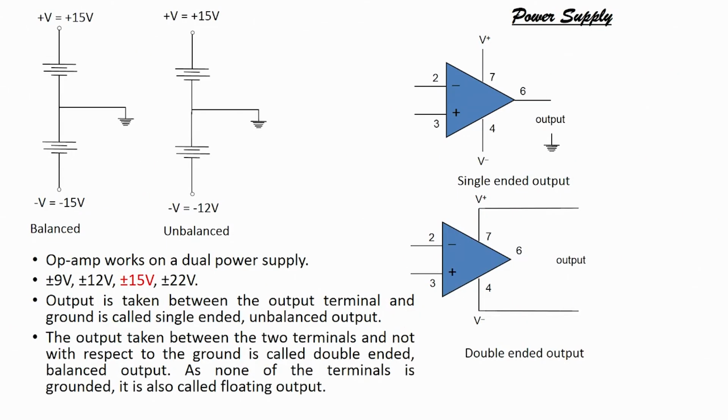But let us finish this particular module at this slide, in which we understood what an op amp is, what the golden rules of the op amp are, what the characteristics of op amp are, and what the power supply is, whether unbalanced or balanced, and in the same way single ended or double ended output.